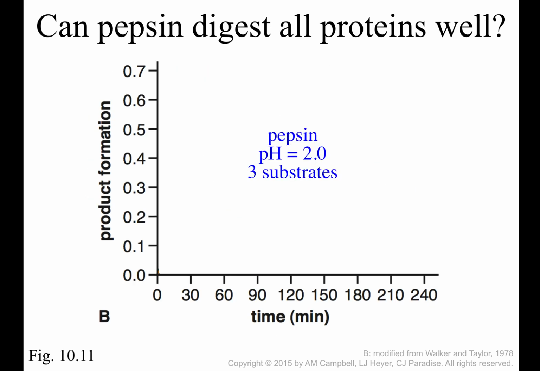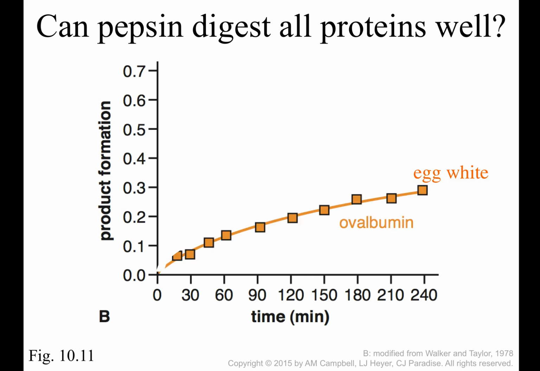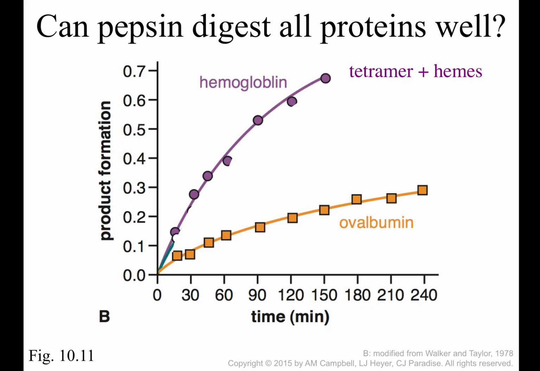Okay, so can you take one enzyme that digests proteins and it will digest all proteins? Take pepsin, which digests at an optimal pH of 2. Give it 3 different proteins to digest and see how it does. If you take a protein from egg whites, ovalbumin, it doesn't do great, it does okay.